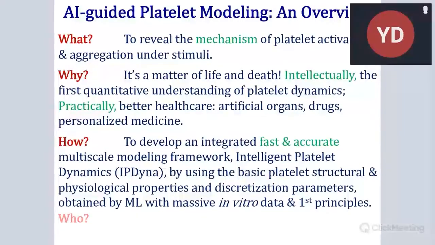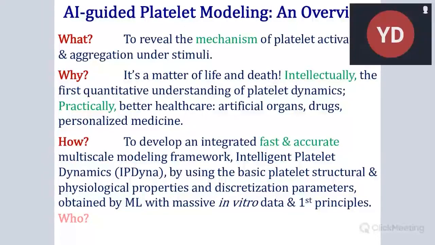And intellectually, it could be the first understanding of a platelet mathematically. And of course, for practical purposes, it's better healthcare and artificial organs, drugs, and personalized medicine. And how we do it, this is the whole presentation. We developed an integrated multiscale framework.